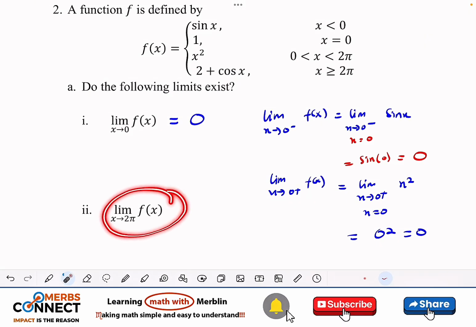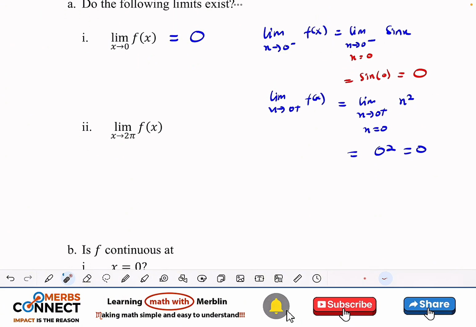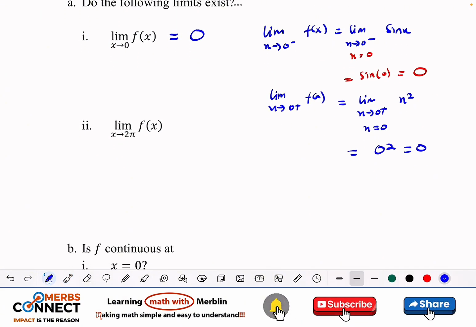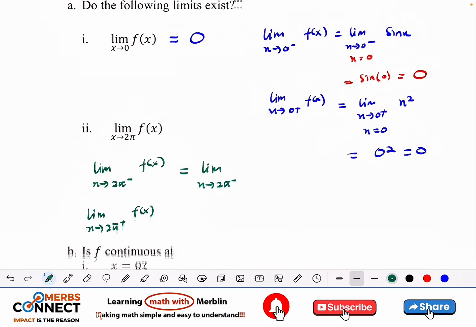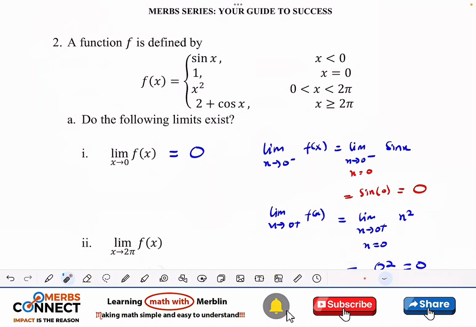Let's look at this one too. For us to conclude, we need to look at the limit as x is approaching 2 pi from the left of f of x, and also the limit as x is approaching 2 pi from the positive of f of x. So limit as x is approaching 2 pi from the left. What function do we need to use?